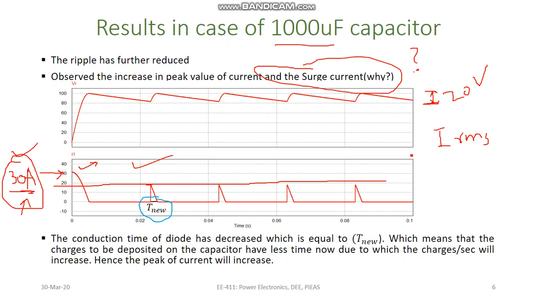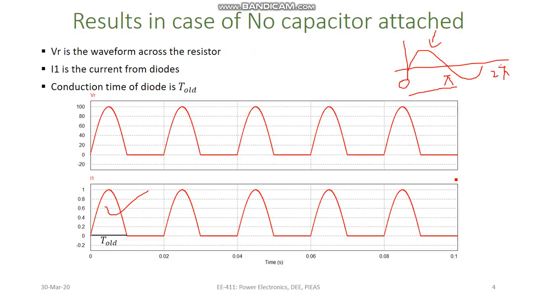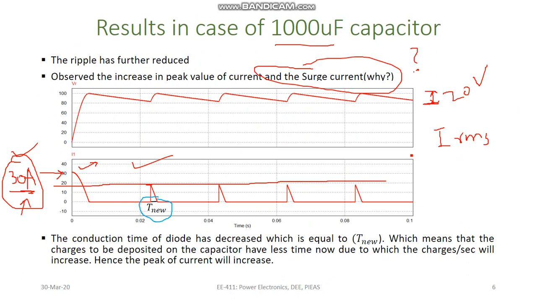If you go to the previous slide, slide number 4, you see that this T old was exactly 10 millisecond, half of the time period of a 50 hertz signal, but now the conduction time of the diode has reduced.